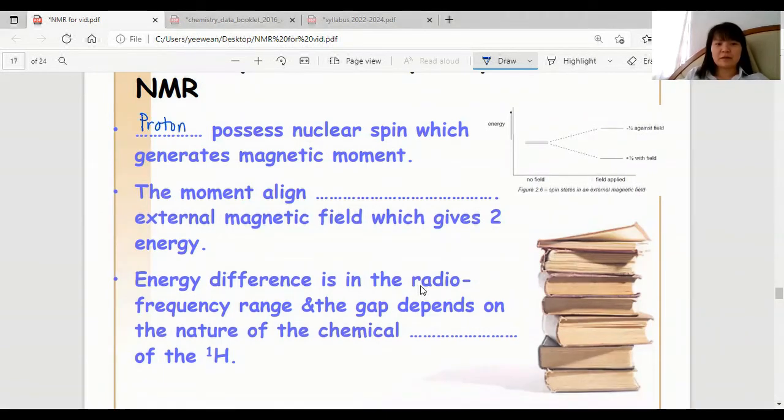Protons possess nuclear spin, which generates a magnetic moment, and the moment aligns with or against the external magnetic field, which gives 2 energy levels. The energy difference is in the radio frequency range, and the gap depends on the nature of the chemical environment of the proton.